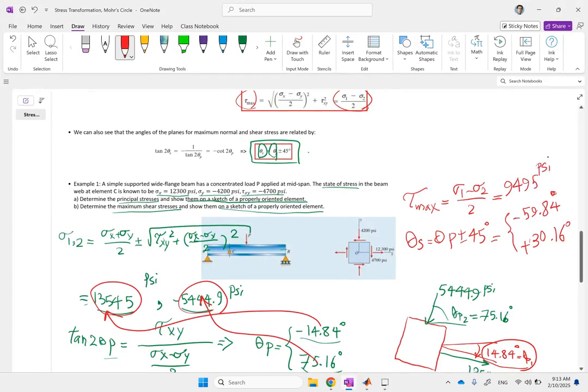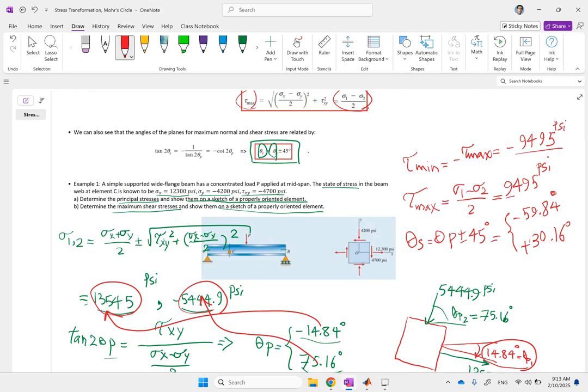This is tau max, and if you want tau min, it's exactly negative of tau max. So it's going to be negative 9495 psi. There we go.